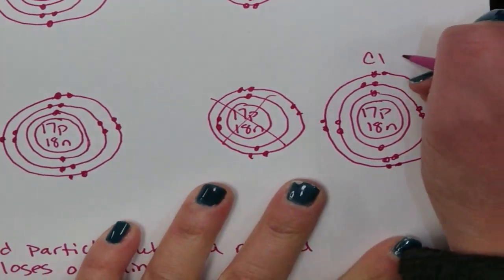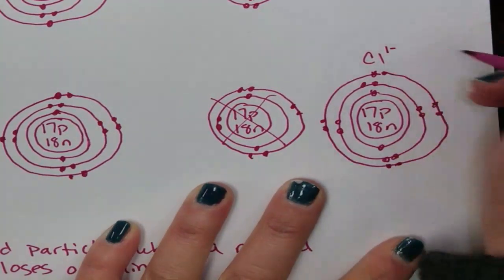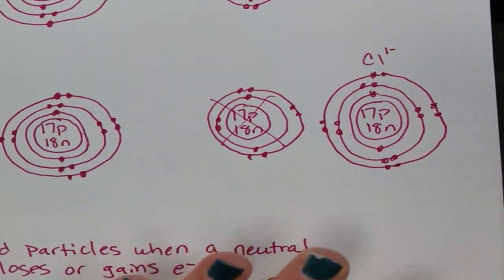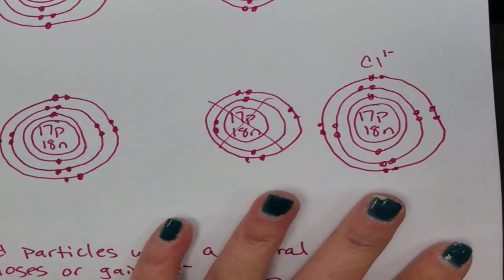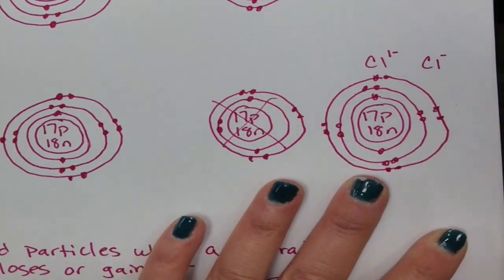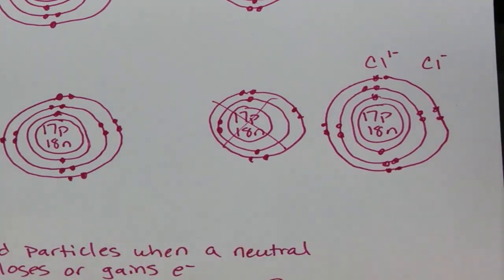It only gained 1 electron, so we have chlorine 1 minus. Now in math, the 1 is understood, so you don't really have to write the 1, so you could just do Cl minus, and that's understood to be a 1 minus.